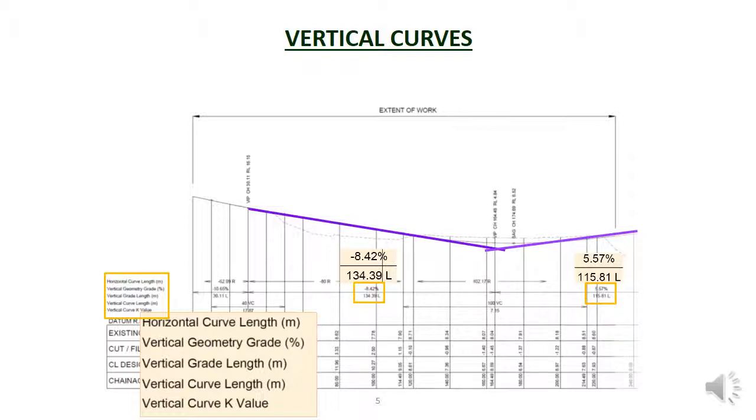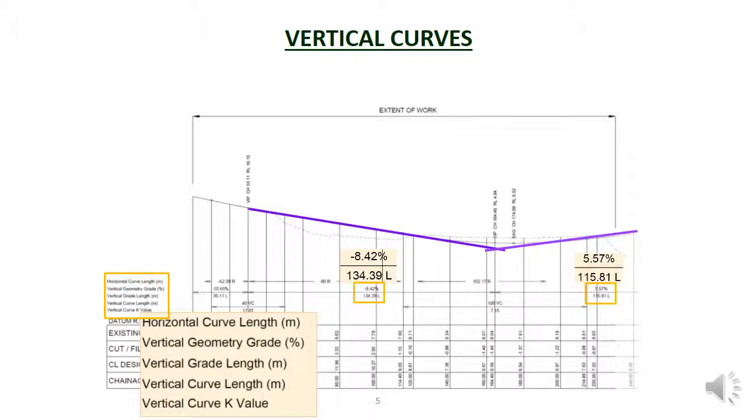The slope on the right has a grade of 5.57%, which means it rises 5.57 meters every 100 meters distance, and the slope is 115.81 meters in length. Obviously, if you were driving the other way, you'd be going down the right-hand slope and up the left-hand slope. The orientation for a long section is as if you were driving from chainage 0 along the road.